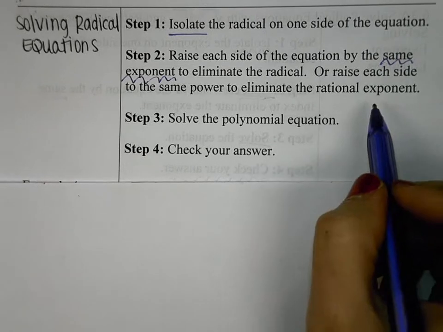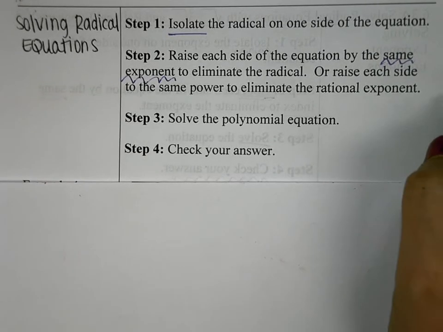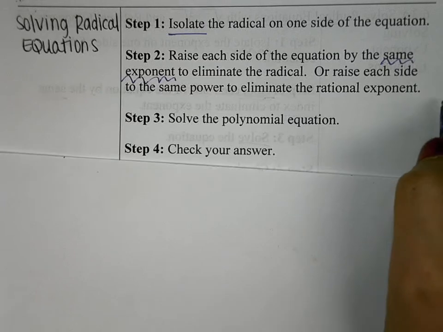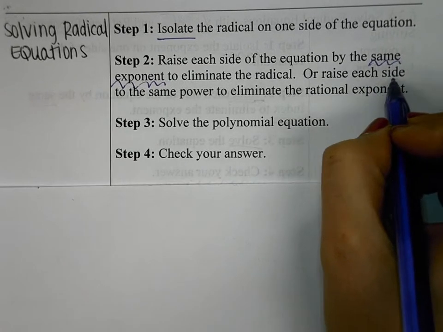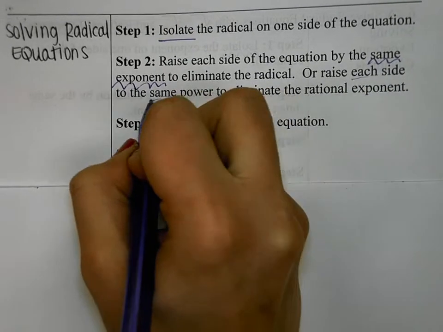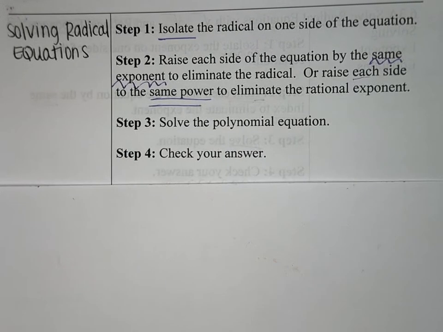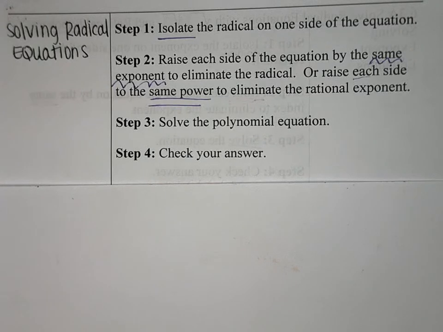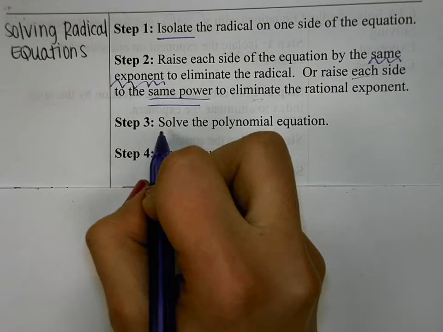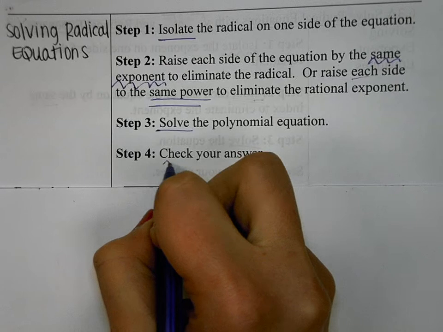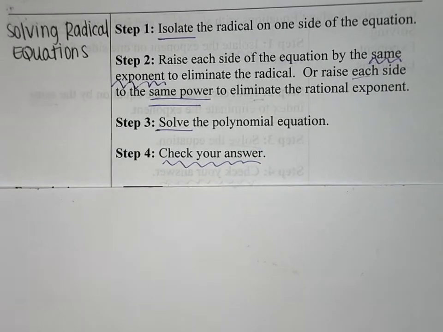If we have a fraction in the exponent, we want to raise each side to the same power to get rid of the rational exponent. Then we will be able to solve, and we always want to make sure to check our answers.